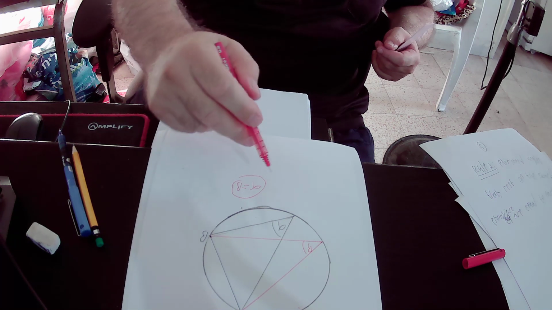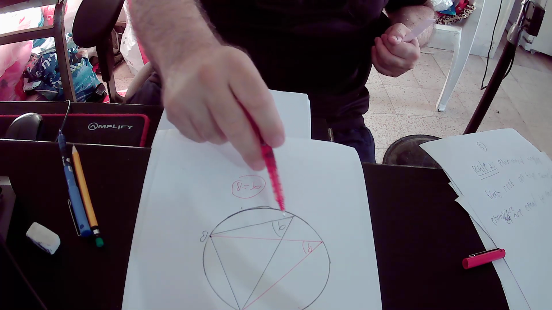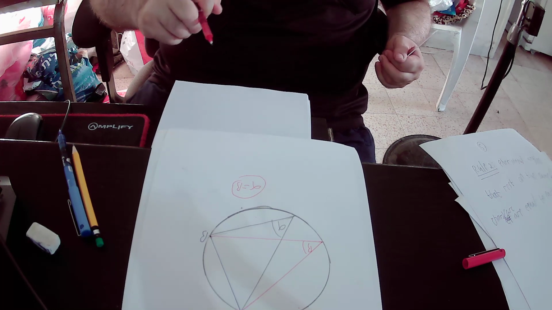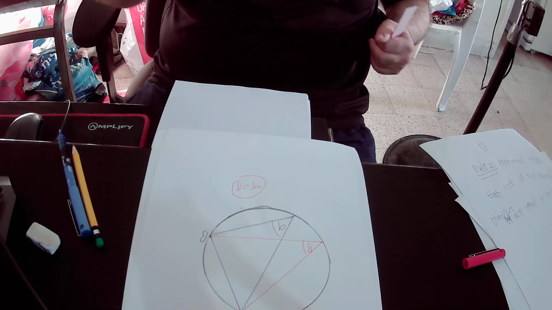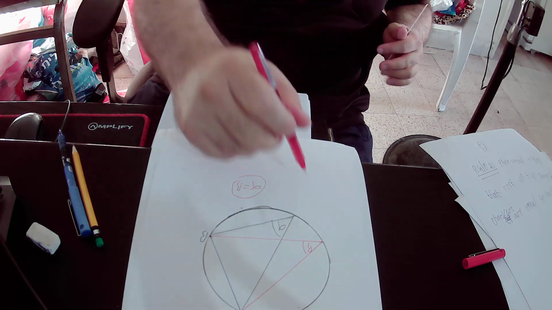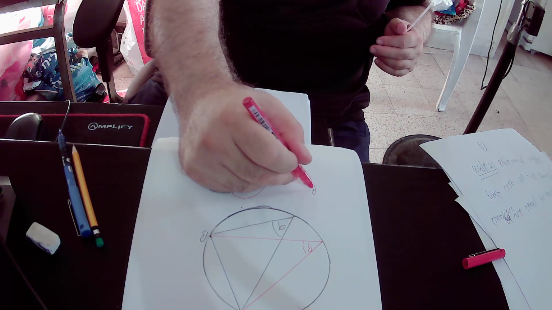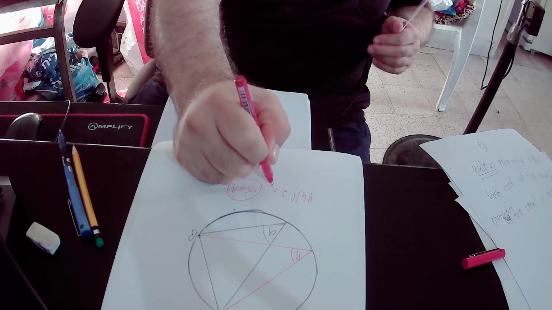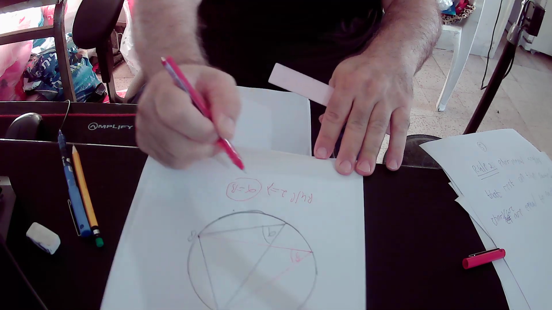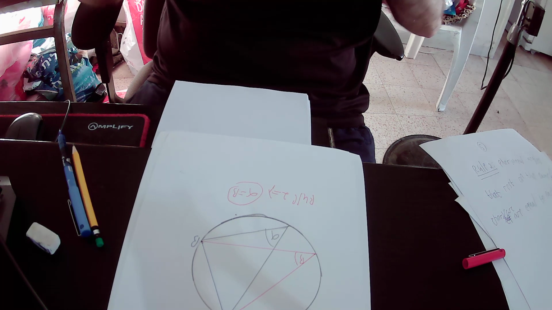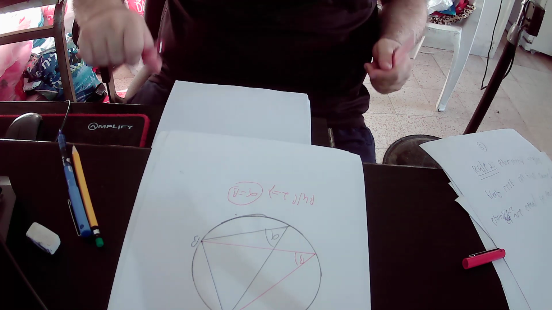Because those two angles rest on the same chord, that is to say, they both rest on chord AB, they are equal to each other. Angle alpha equals angle beta because both of them rest on the same chord AB.